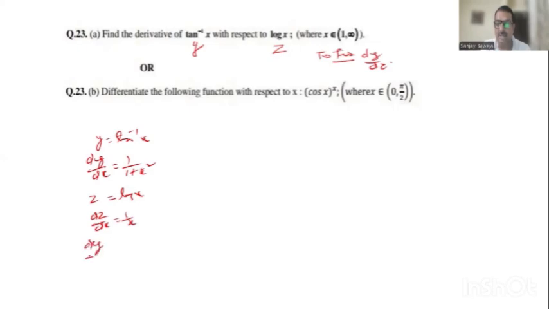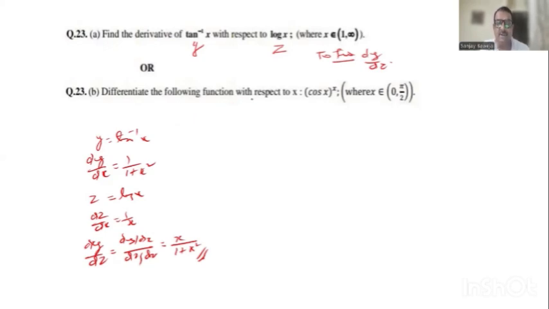So dy by dz will be equal to dy by dx divided by dz by dx, and finally you'll get the answer as x upon 1 plus x square. I hope it is clear to all. So it is a question based on parametric functions. x is the parameter, you are connecting y and z.